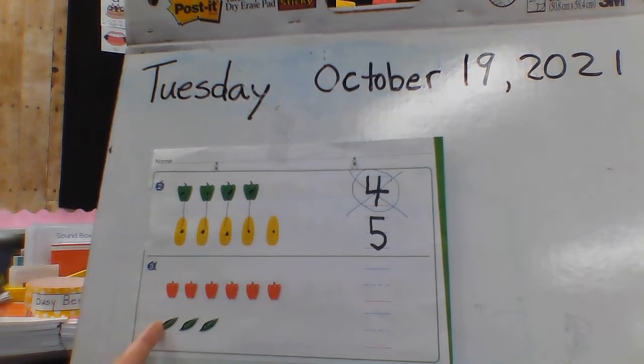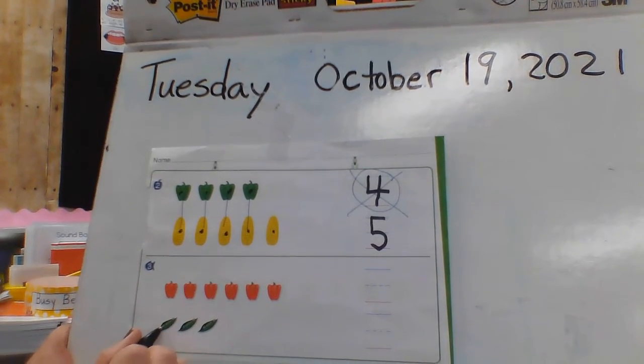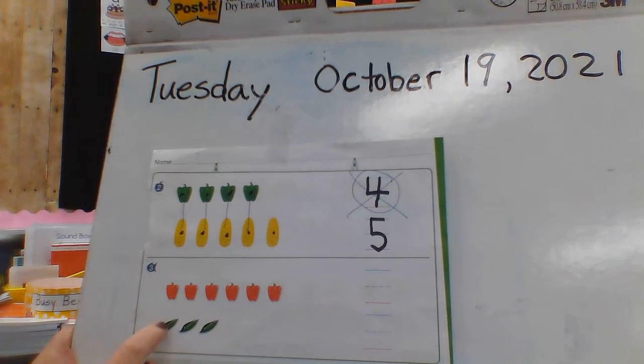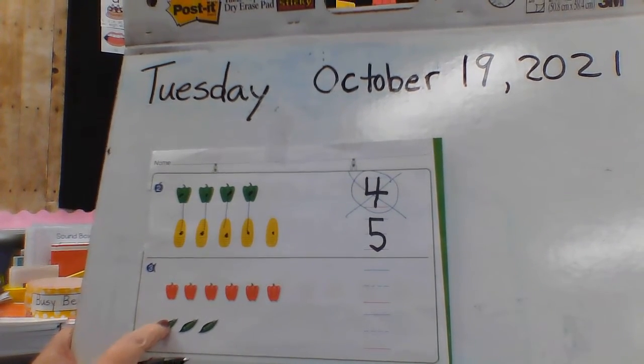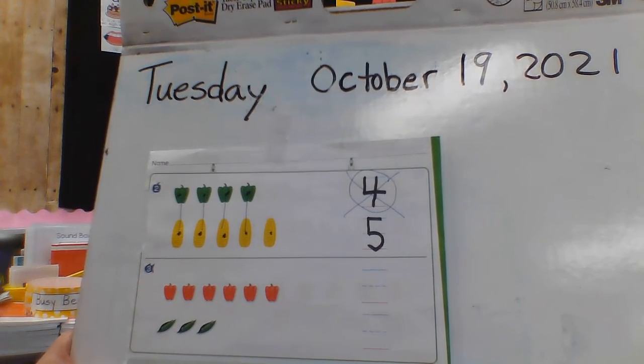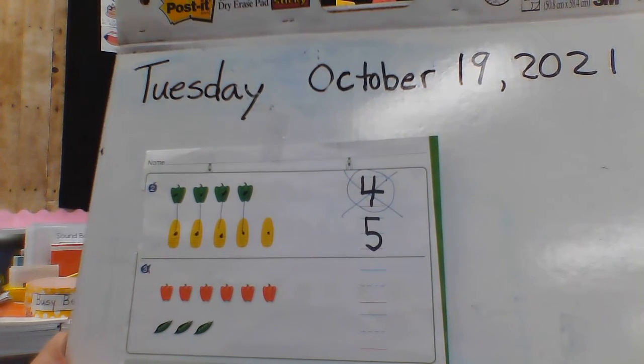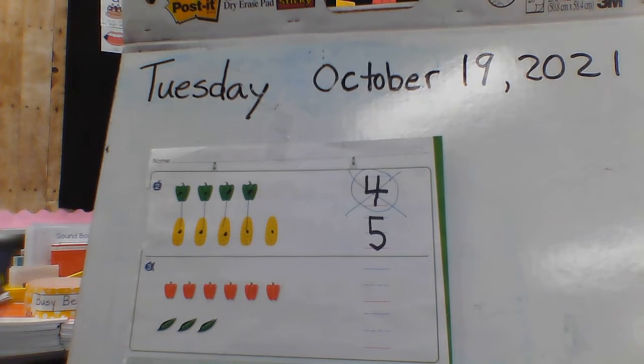Then you're going to count the peas and write the number. Now you're not counting each individual pea like that. You're just counting the big pea pod, okay? So you're going to count those and write the number. Then they want you to draw more peas to make it equal to the peppers. Okay, so be careful with that. We're going to go over that the next day, okay?